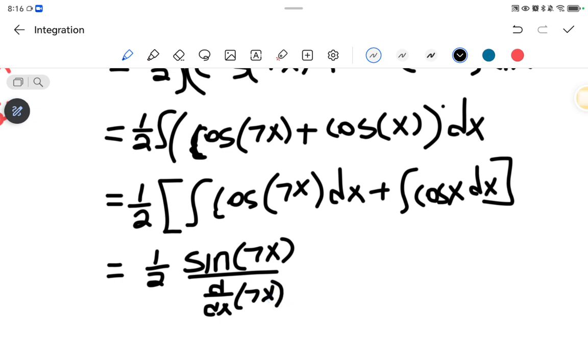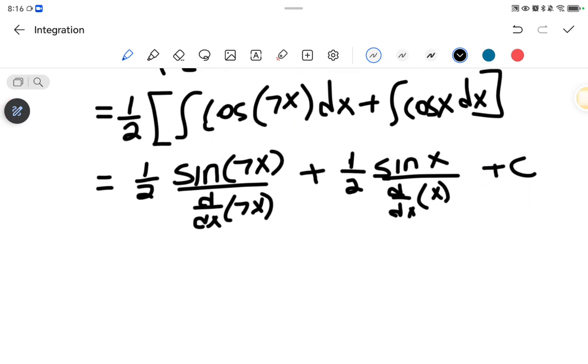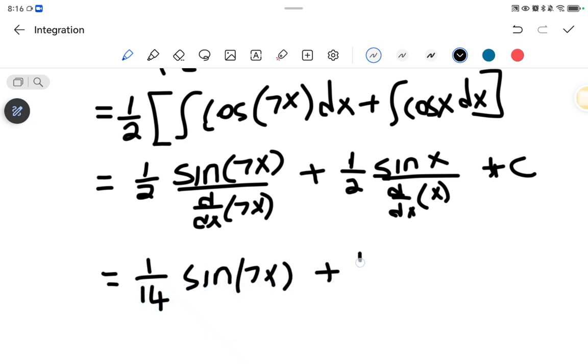And then this will be plus the integral of this, I'll multiply by that 1 over 2, and then the integral of cos x will be sine x, divided by the derivative of the inside. I add my c. Then this will be equal to 1 over 14 sine of 7x plus 1 over 2 sine of x plus c. You see, right? Any question here?